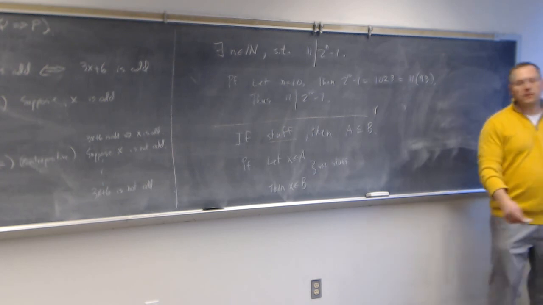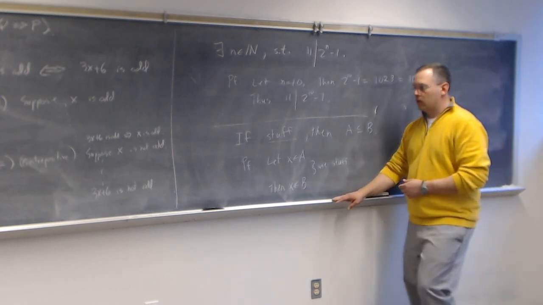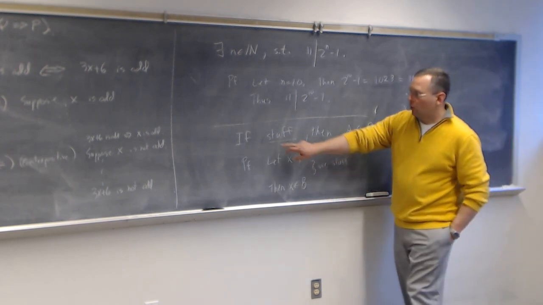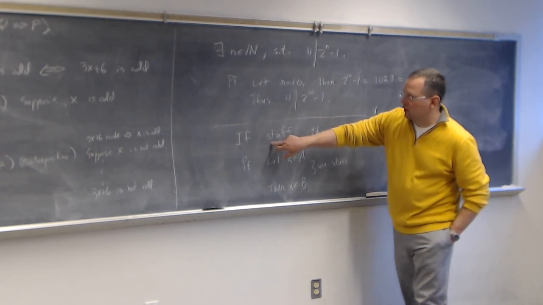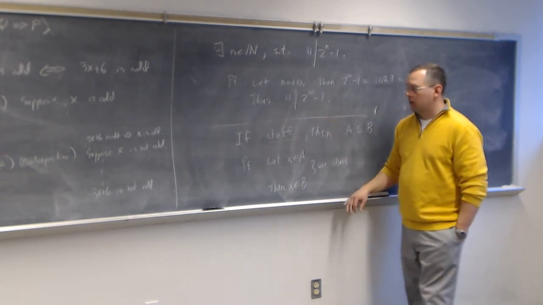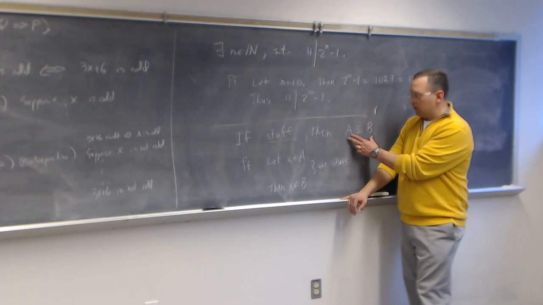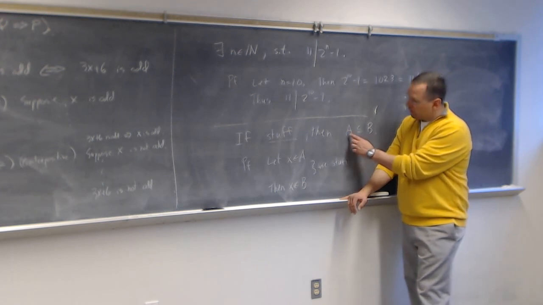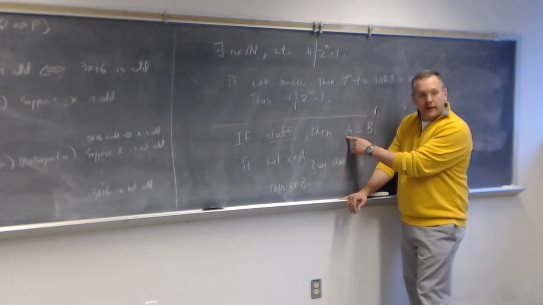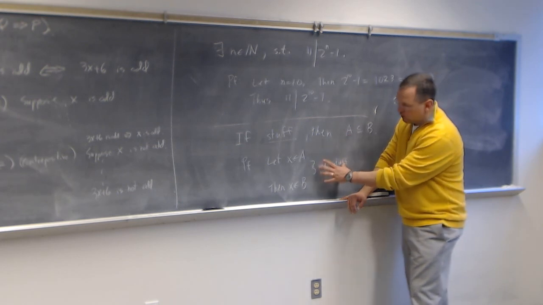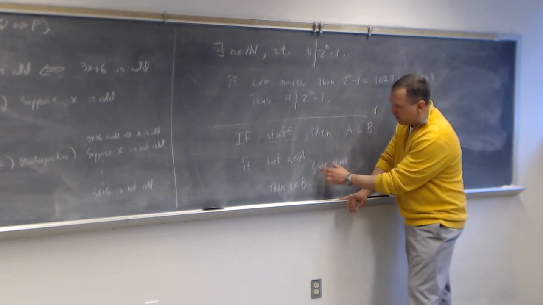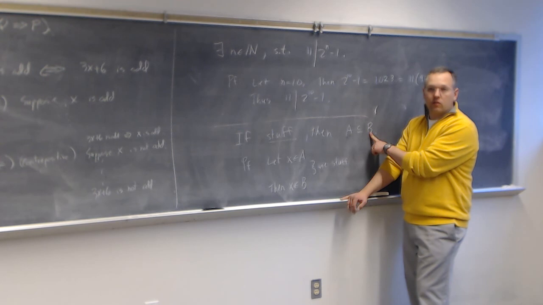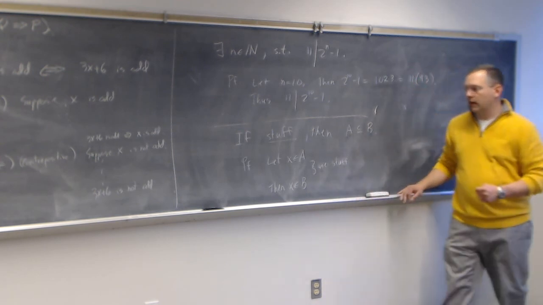That's the template. Don't start by saying, assume x is here somewhere. You start with the relationship you're trying to prove. Take an arbitrary element of this set, and using all the other given information, show that x must also be in here. And then you're done. You've shown that A is a subset of B.